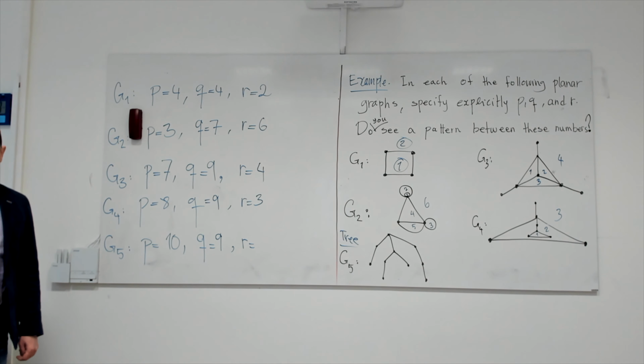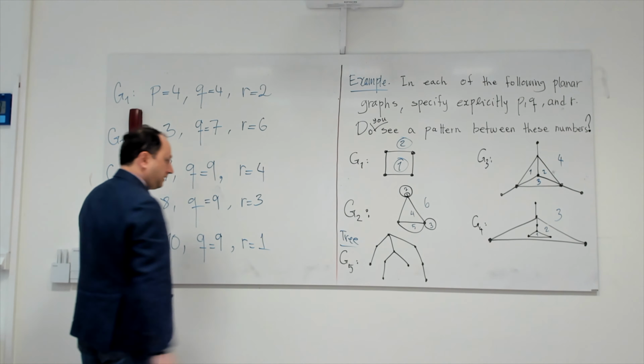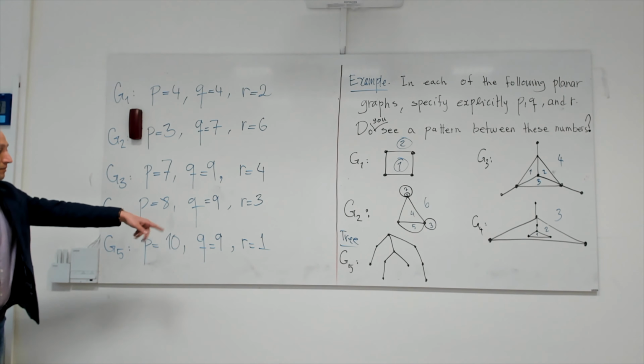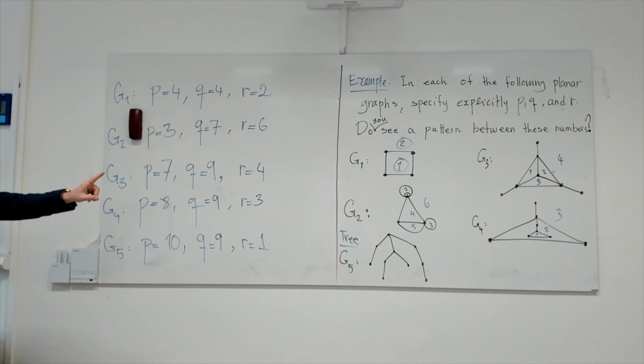What is R? 1. It's just 1. Yes, if you don't understand something about R, please let me know. So R is actually 1 big region. And by the way, you need to check if all of them are planar. All of them are planar.